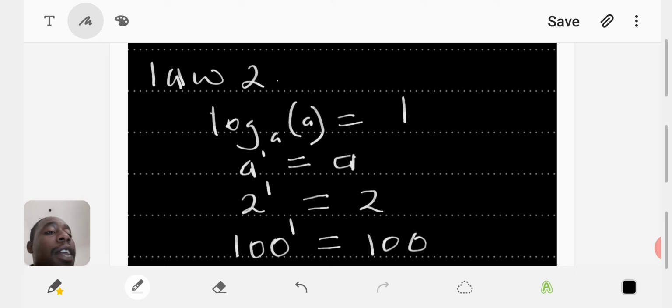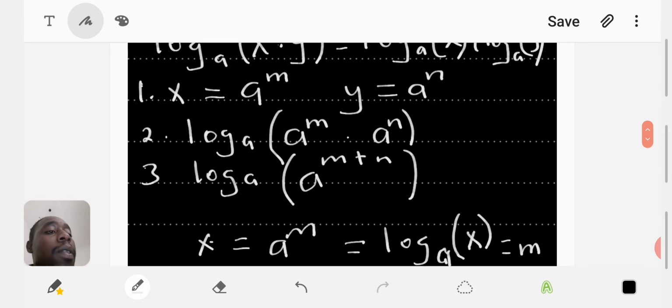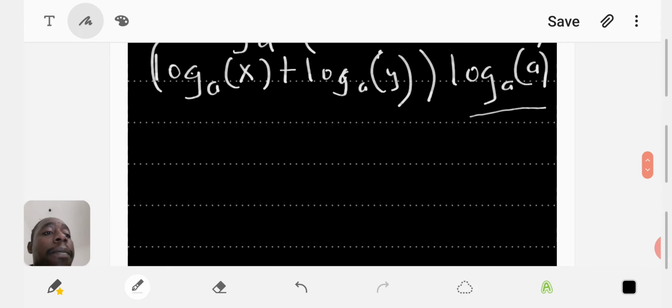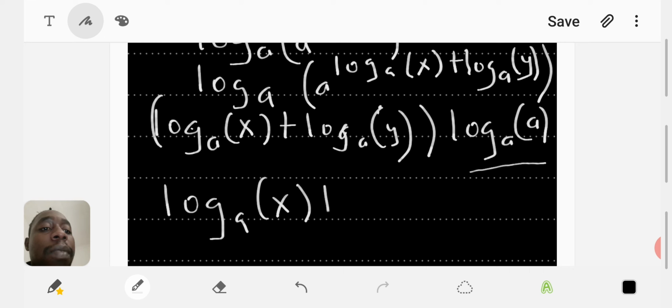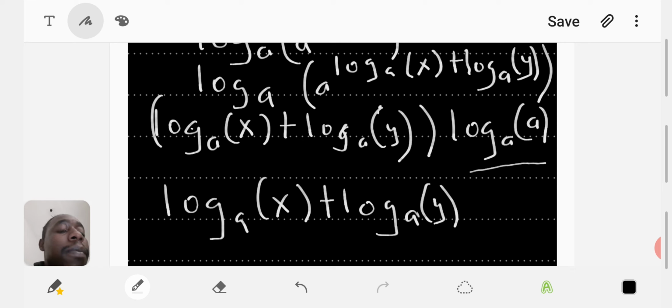That's the same thing here. Which means we will have log to the base of a of x plus log to the base of a of y multiplied by 1.